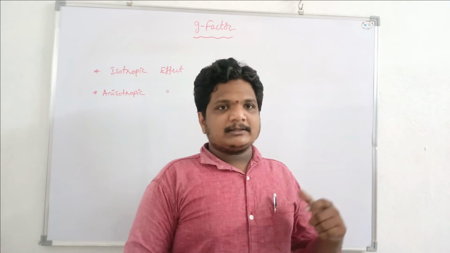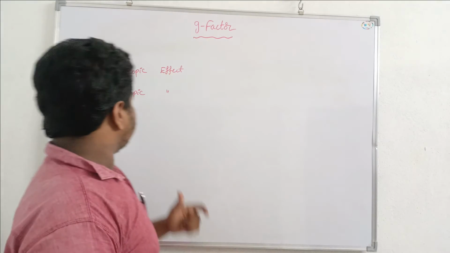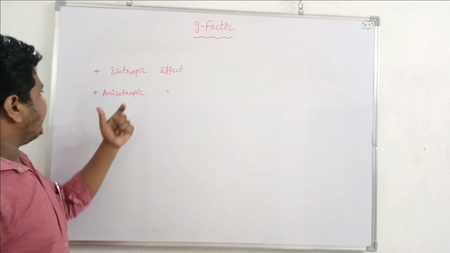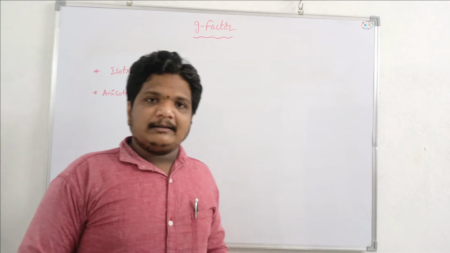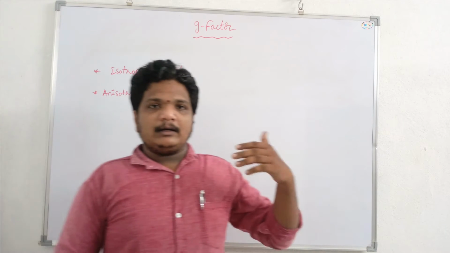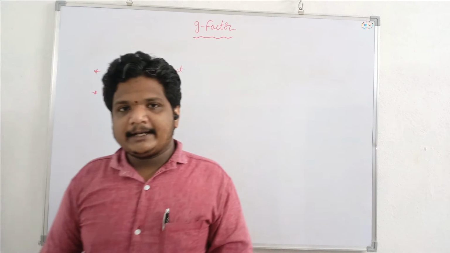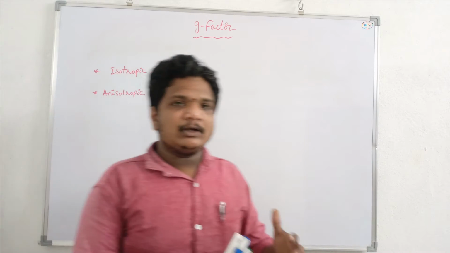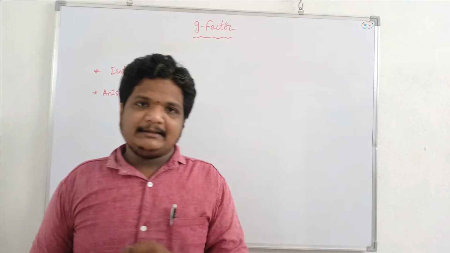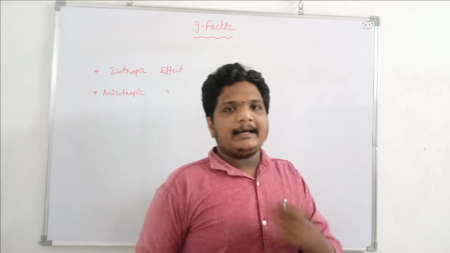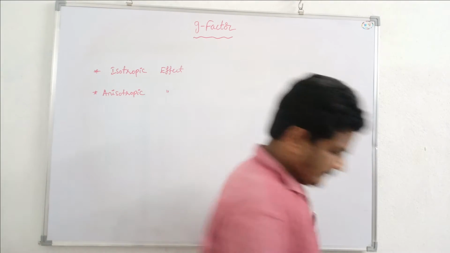So based on that, in the case of the isotropic effect and the anisotropic effect, how can you explain the value of g along the x direction, y direction and z direction based on the electron density in the compound? So let us see the isotropic effect and anisotropic effect.